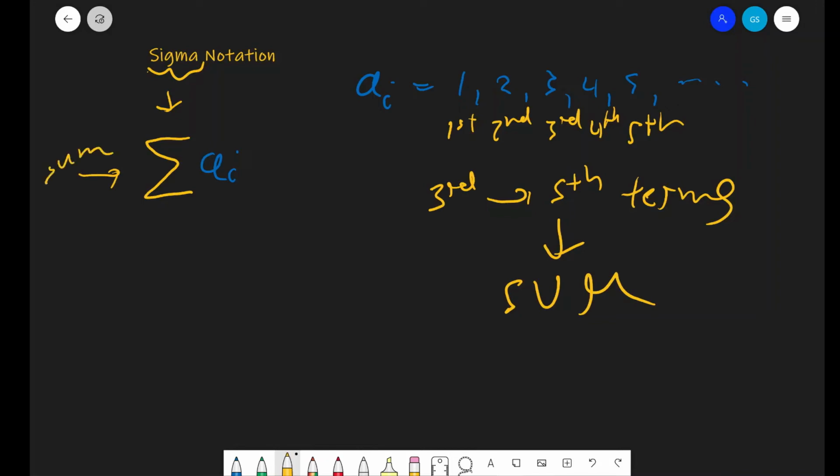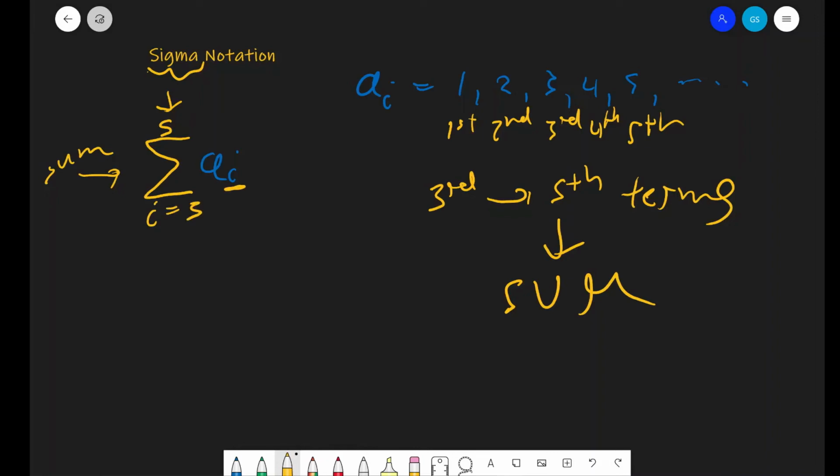So the way we do that is, at the very top of the sigma, we're going to put the final boundary. Now the final boundary here would be 5, because that's the fifth term. We want to add stuff from the third term to the fifth term. So we first put 5 up top, and then we say i, because we have a_i here, equals 3.